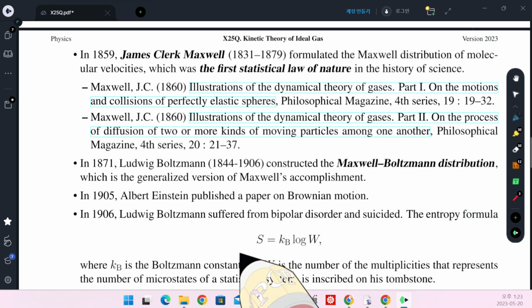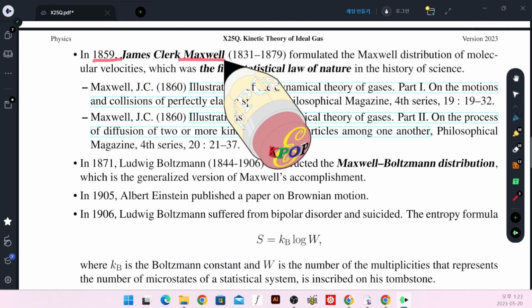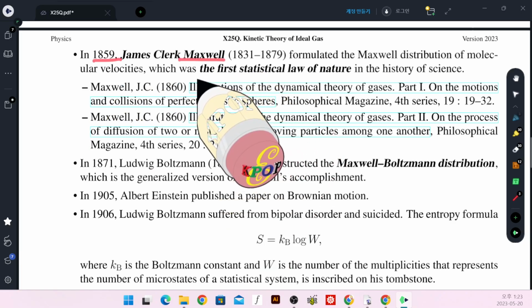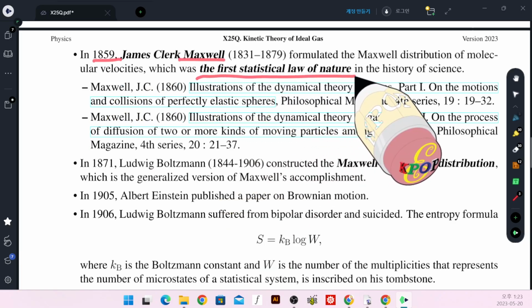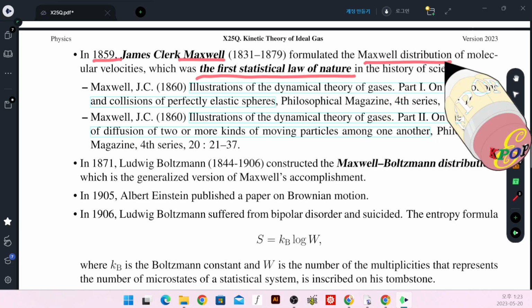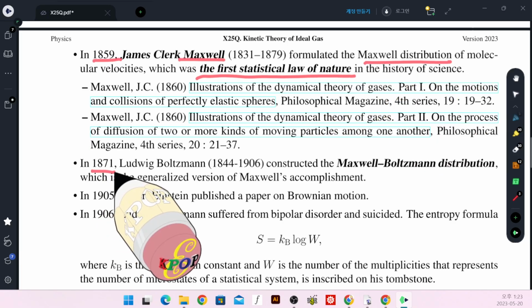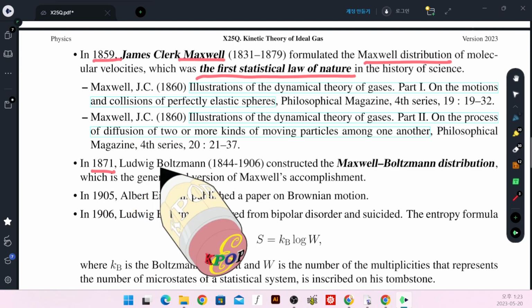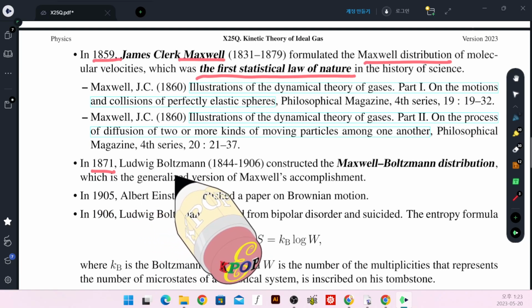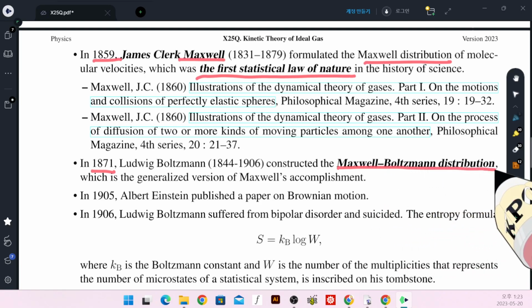In 1859, Maxwell introduced the first statistical law of nature, that is the Maxwell distribution. In 1871, Ludwig Boltzmann introduced the Maxwell-Boltzmann distribution.